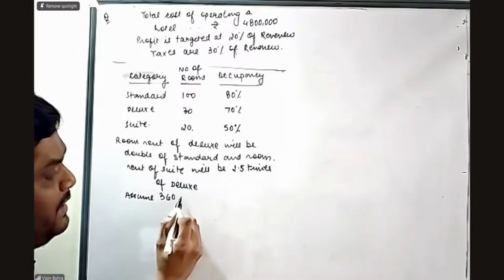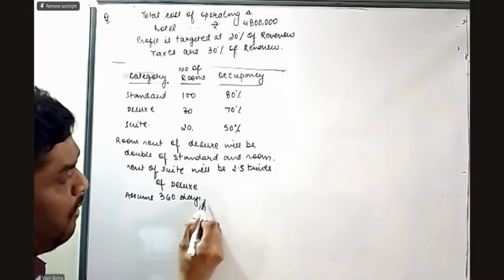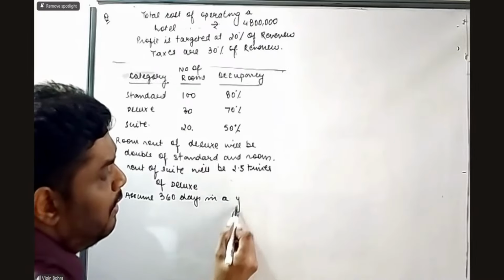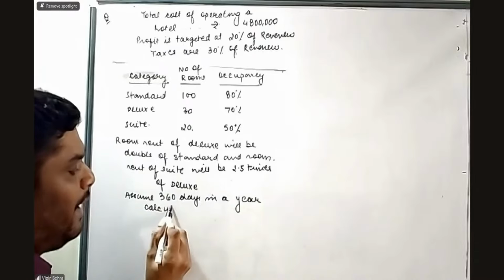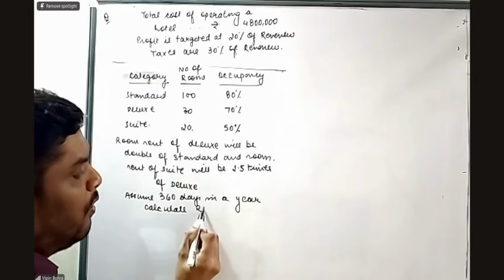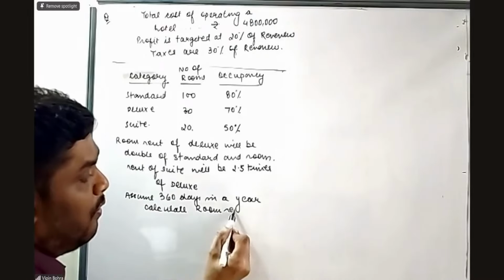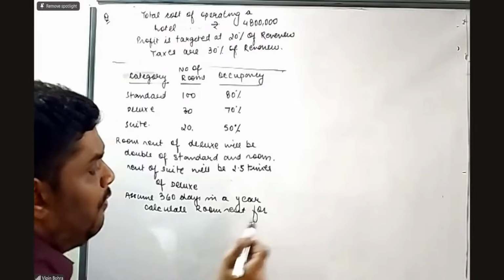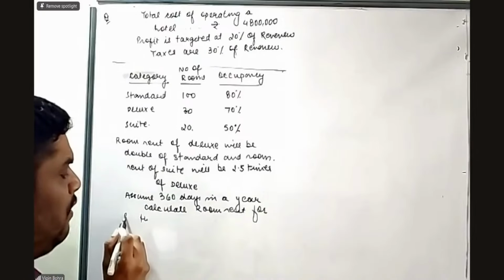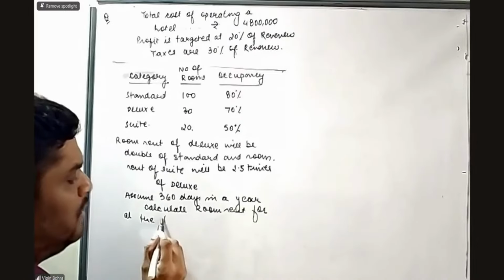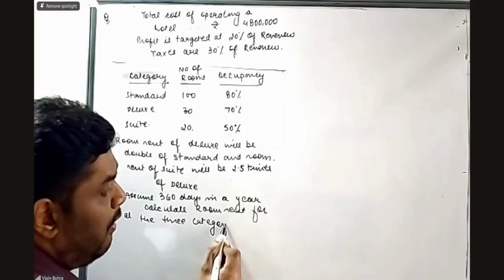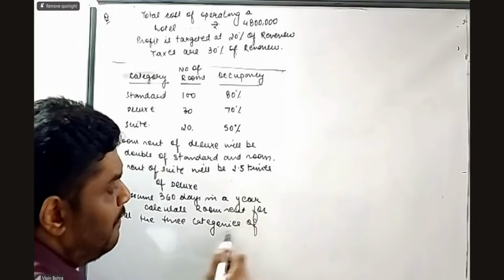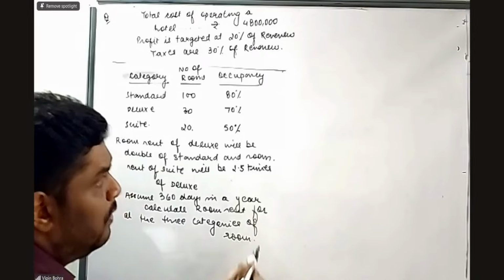Assume 360 days in a year. Calculate room rent for all the three categories of room.